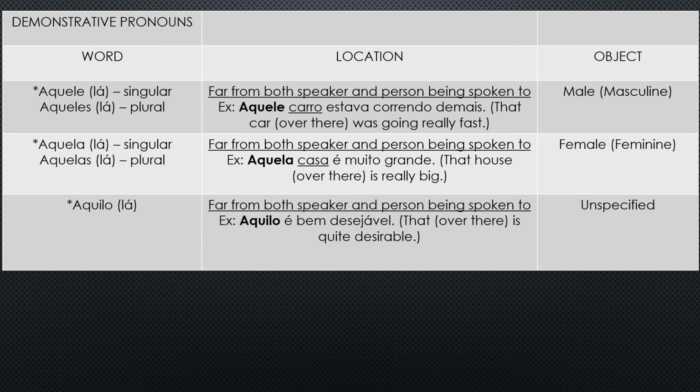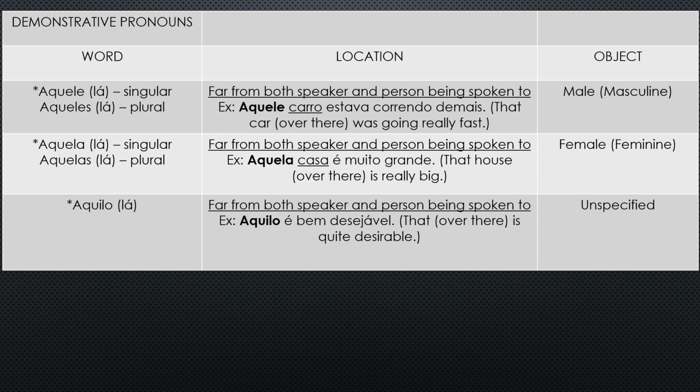So you have este, estes, esta, estas. That's more here with me. Esse, esses, essa, essas, there with the person being spoken to, and aquele, aqueles, aquela, aquelas, which is way over there, away from both of us, away from the speaker and the person being spoken to.